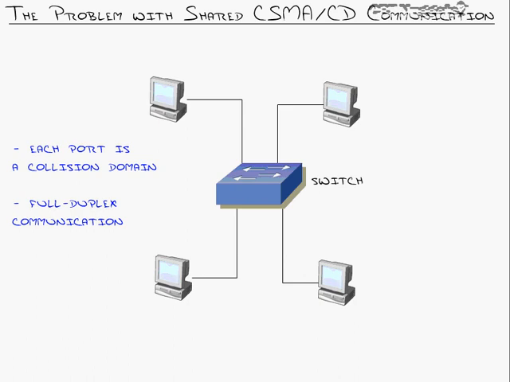Second benefit of moving over to a switch is, since each port is split into its own collision domain, it now opens the door to something known as full duplex communication, meaning instead of saying our devices will send or receive, they can now send and receive.